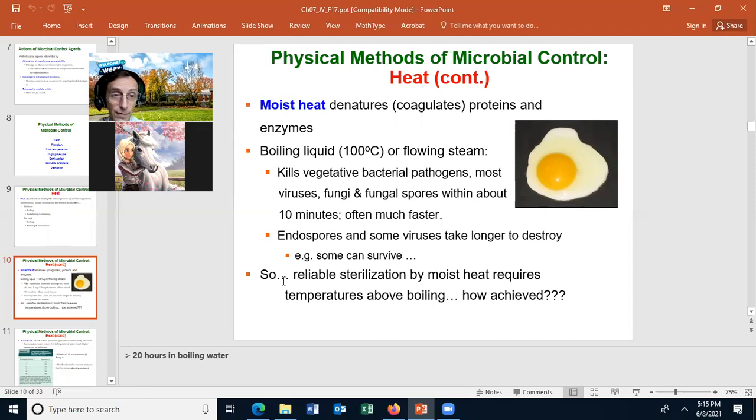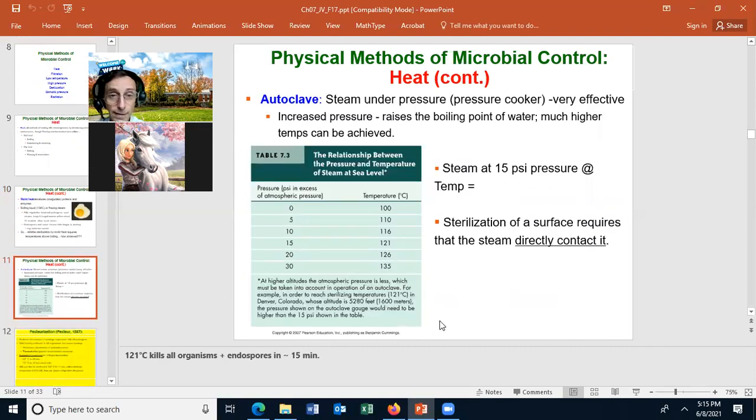How is this achieved? By using an autoclave. An autoclave, if you do not know, is like a pressure cooker. You're treating something with steam under pressure, and it's very effective at killing cells, including endospores.